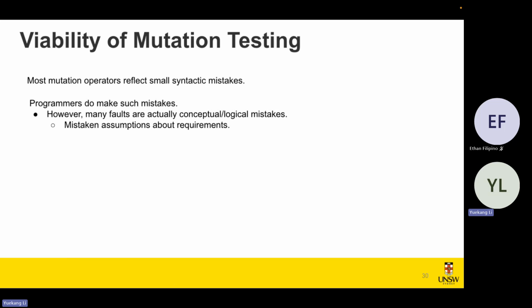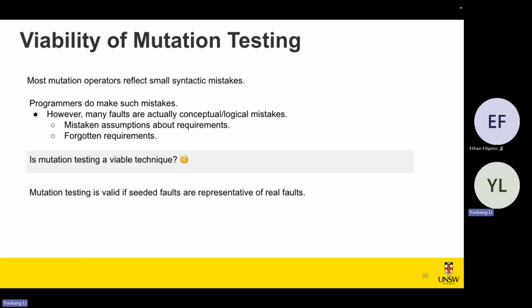So these are some high-level faults. Or maybe the programmers just forgot some restrictions from the requirements. So in these cases, we need to think about, is mutation testing still viable or applicable, where programmers could make logical errors.